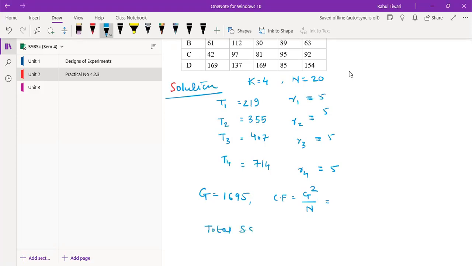And you know how to find total sum of square? Double summation Yij square minus CF. So you can feed all this data in SD mode.